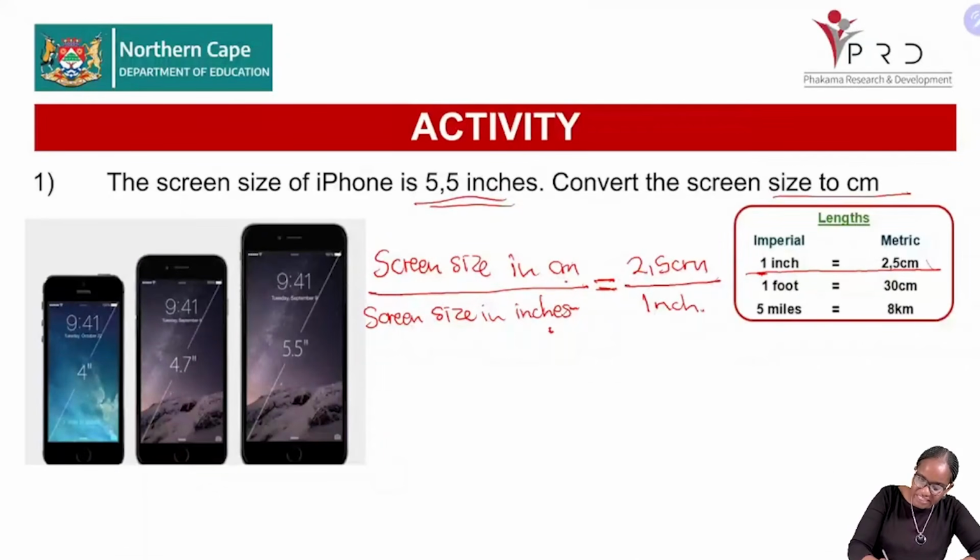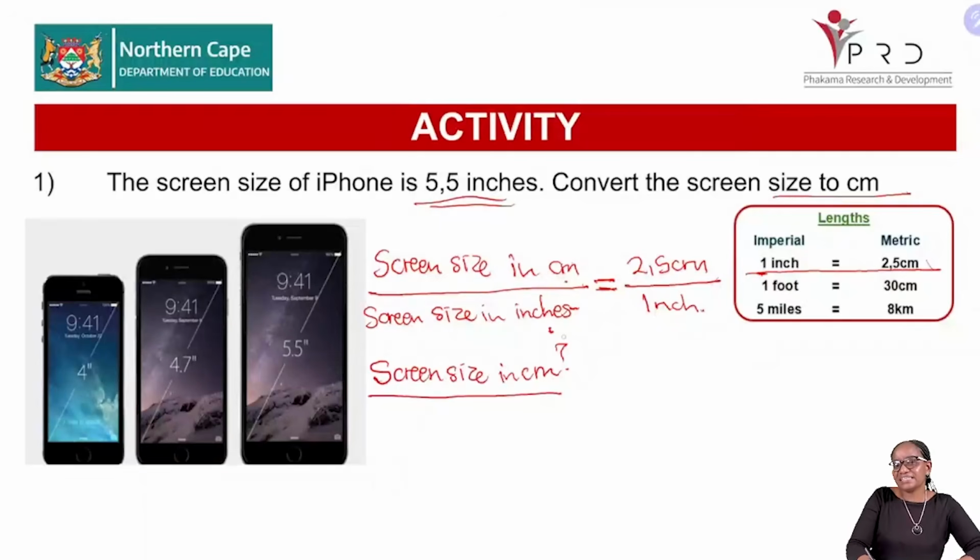We want to find the screen size in centimeters. That's what we are looking for. That's what we do not know. The screen size in inches is given as 5.5. Then our conversion factor is 2.5 over 1, because we are saying 1 inch is equal to 2.5 centimeters.